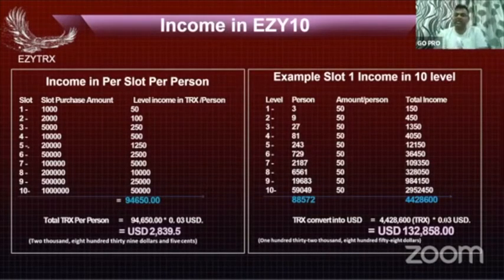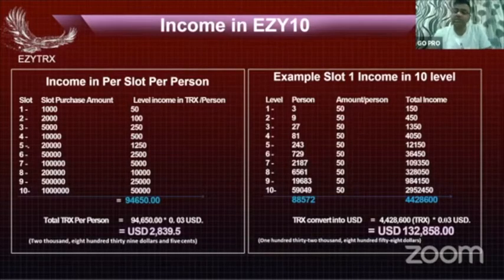So let's take an example now on the right table here. Here we are assuming that we have filled up the entire matrix from level 1 to level 10. So that's your 88,572 people. Let's say everybody buys the 1,000 Tron step only, your commission in this scenario will be 4.4 million Tron, which is 138,000 US dollars.